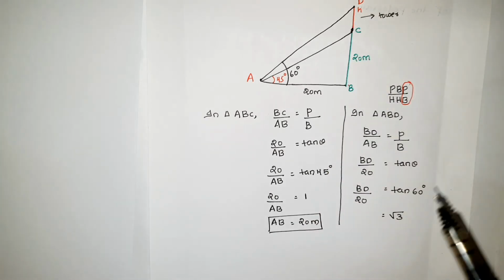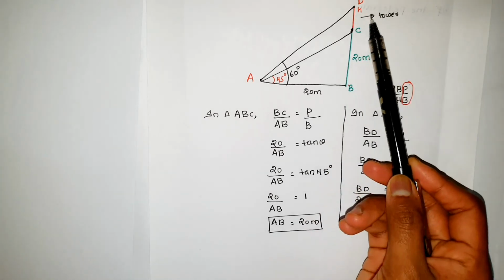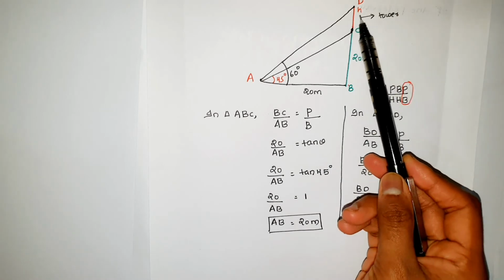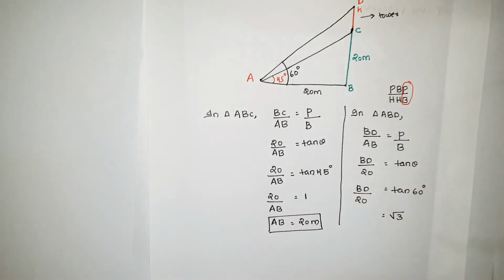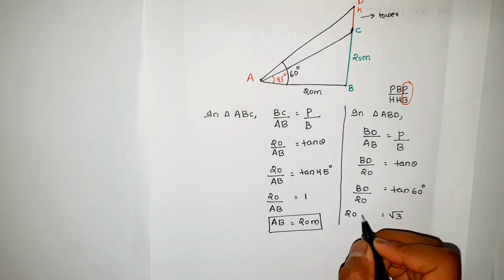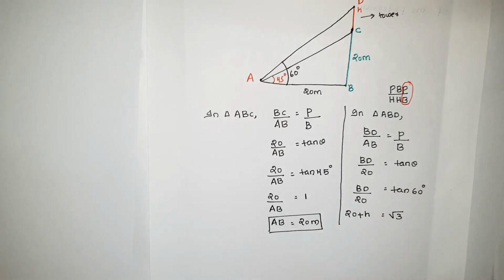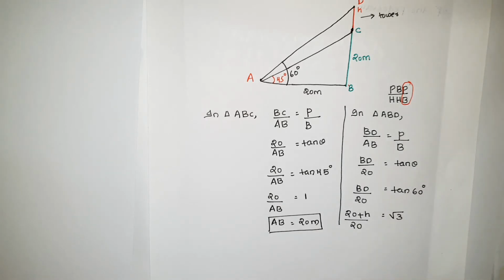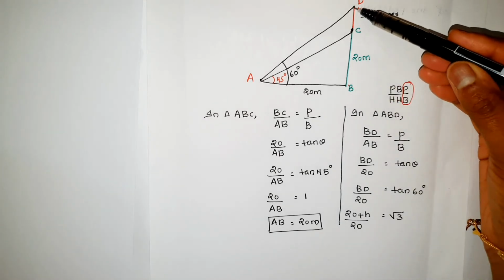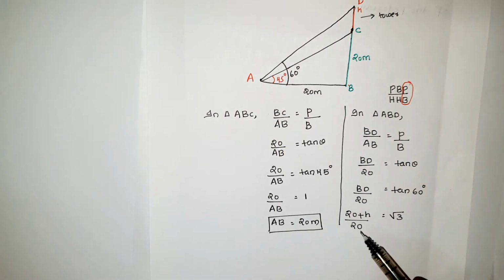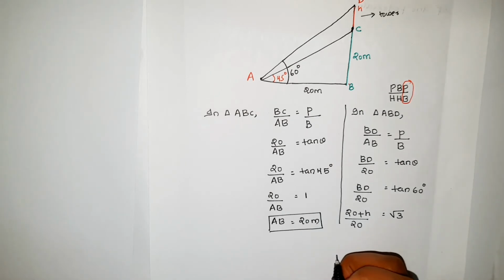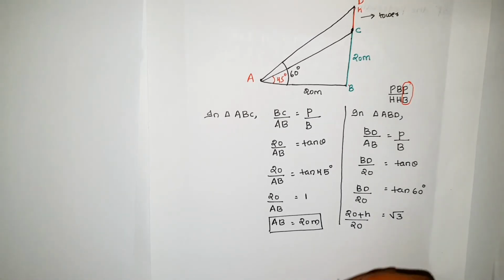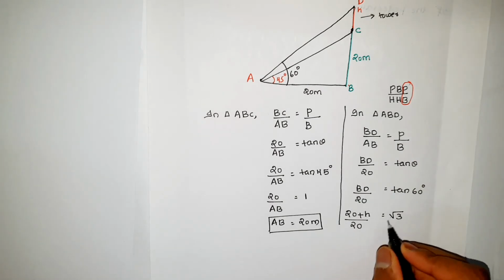So BD can be written as 20 plus H, because this is H, this is 20. So we can write 20 plus H, divided by 20 is equal to root 3, because BD is 20 plus this we have taken as H. Then we can solve and find the value of H. Here I am going to cross multiply.